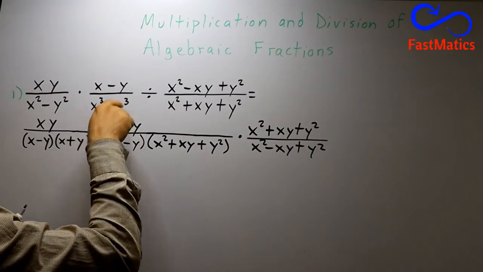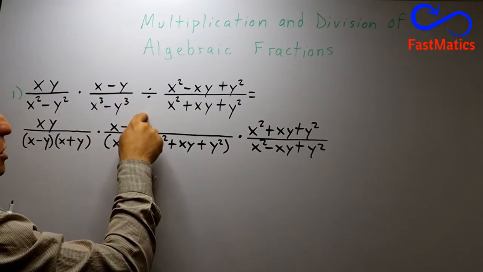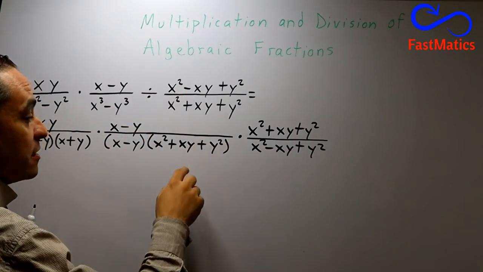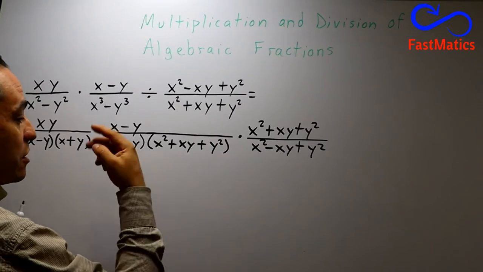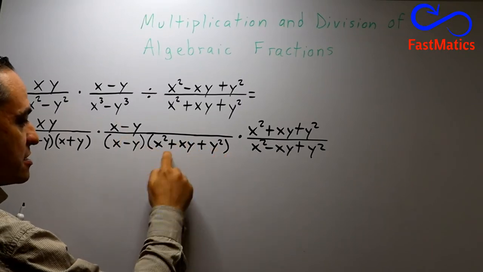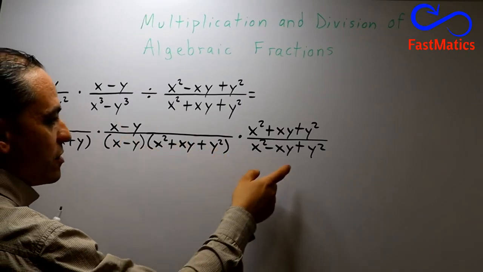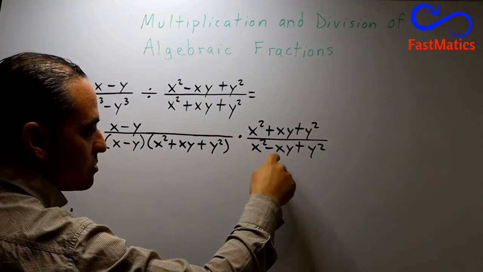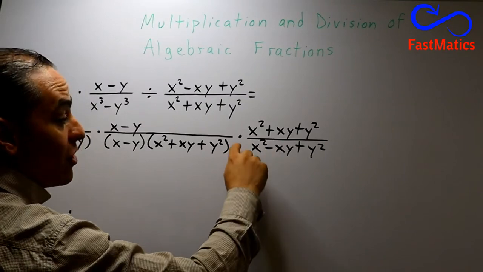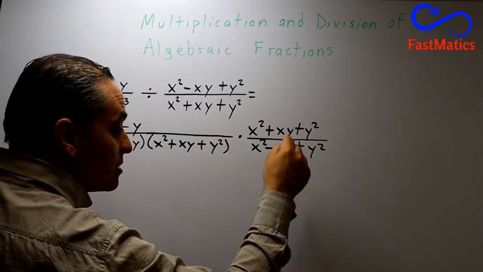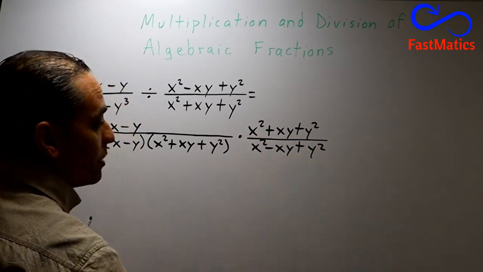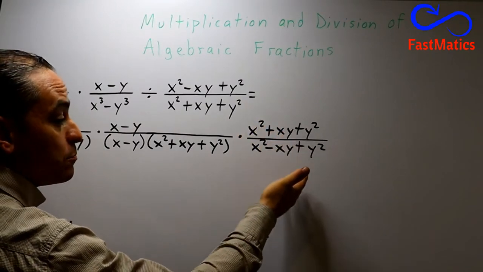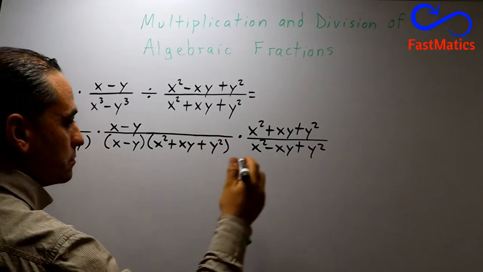When you factorize a difference of cubes, you cannot refactorize the answer that is in the second parenthesis. So this is not factorizable, and here it is almost the same with a negative sign. So I cannot factorize this trinomial. You could try, but it is not possible to do that.